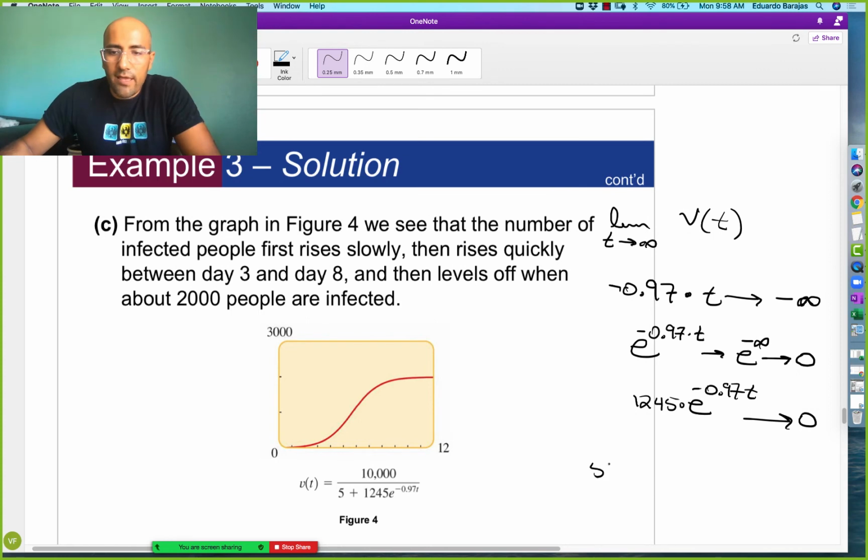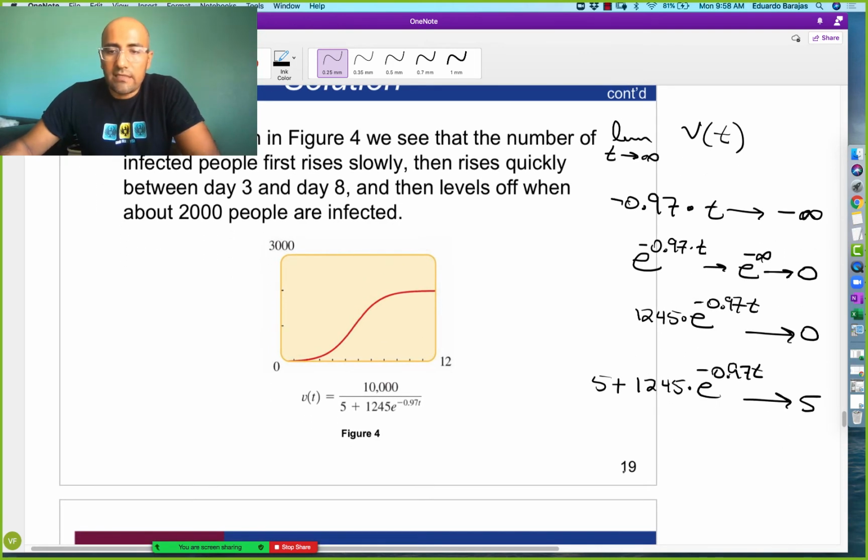Therefore, 5 plus 1245 times e to the negative 0.97t will grow toward 5. This part will get smaller and smaller as t gets bigger and bigger. It contributes less and less to the addition of 5. Eventually, it's pretty close to just 5 by itself.